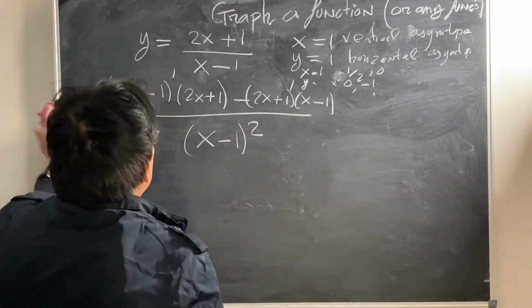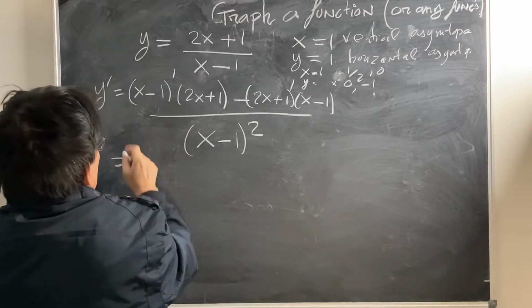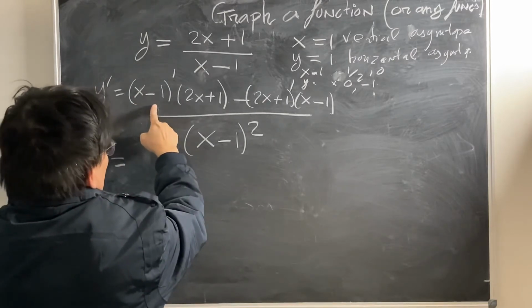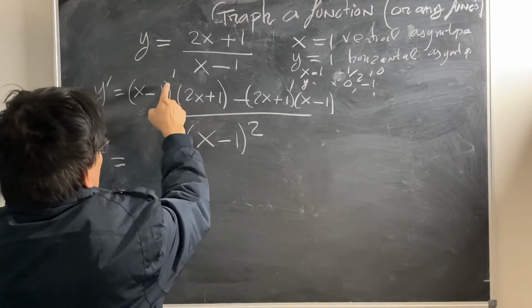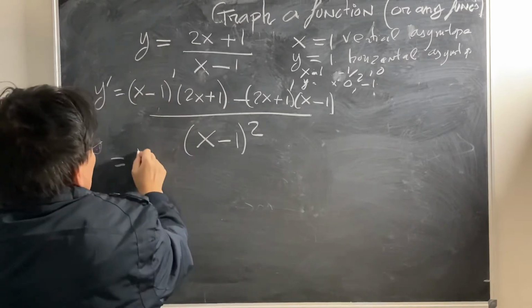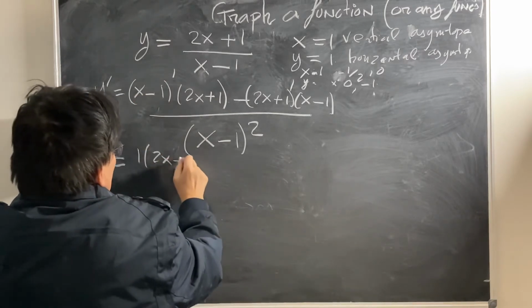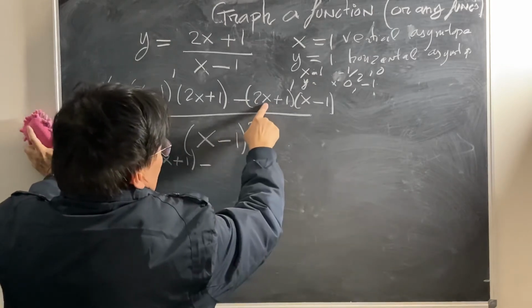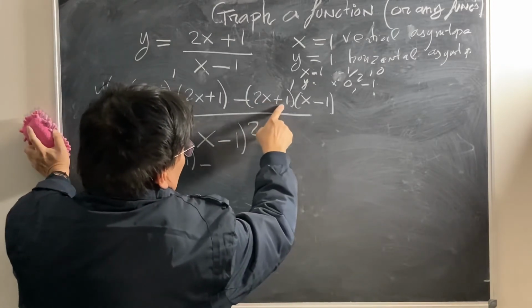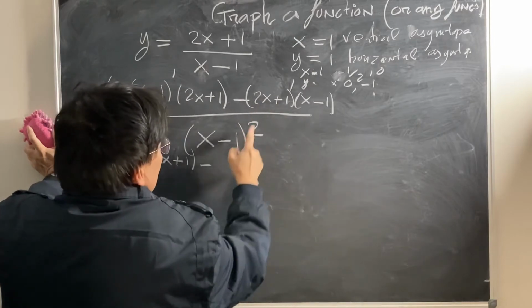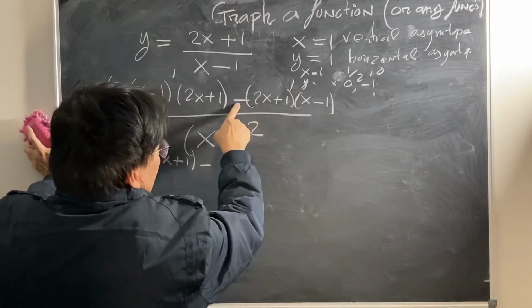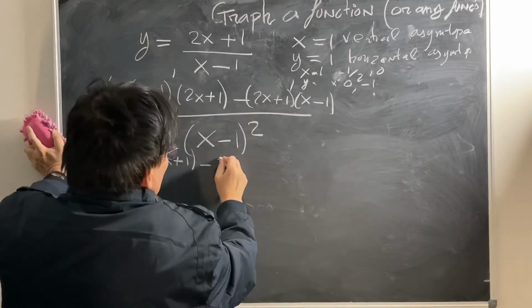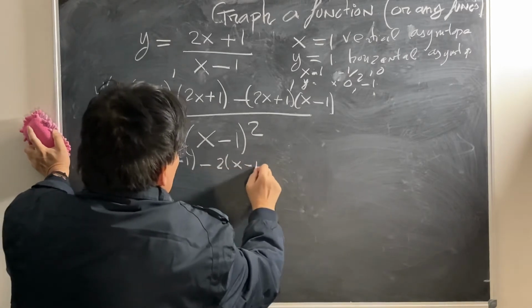Okay, so let's simplify this. The derivative of x minus 1 equals 1, so 1 is multiplied by 2x plus 1, and minus the derivative of 2x plus 1, which is 2, with the minus in front, so you get minus 2 times x minus 1.